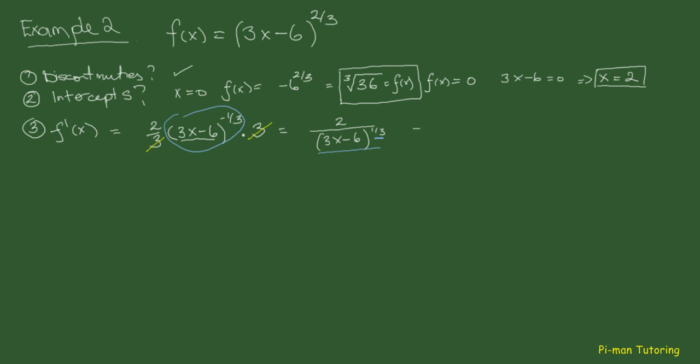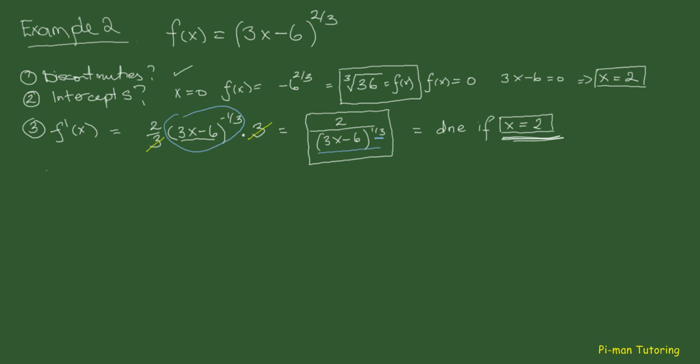And now it's quite obvious that this derivative does not exist if x is equal to 2. So that is our critical point for the derivative. We also look for zeros of that derivative, but there's no way in which we can make this derivative function equal to 0. So the only critical point we have is x equals 2.